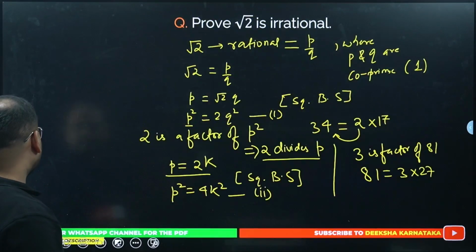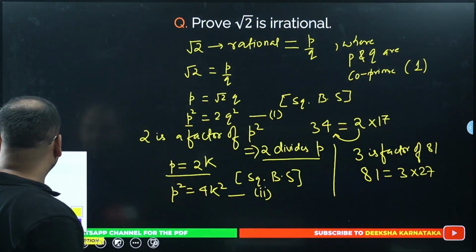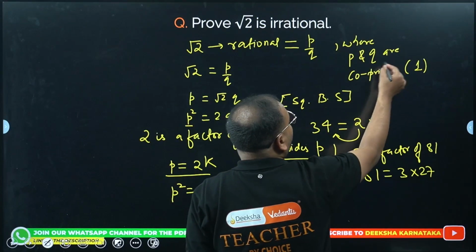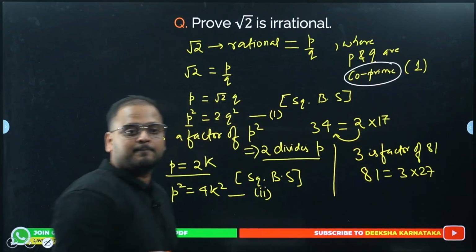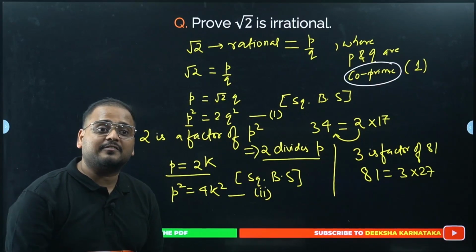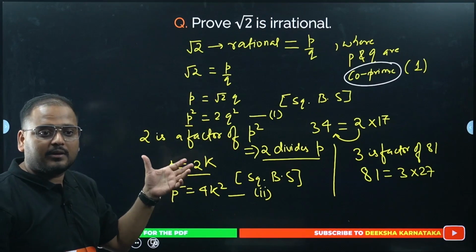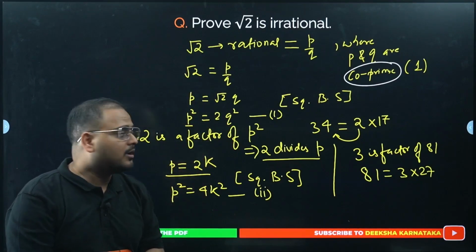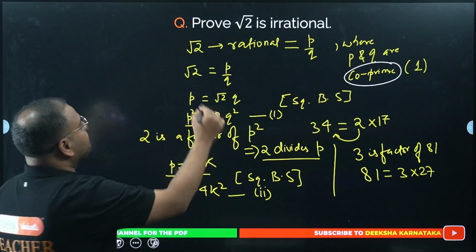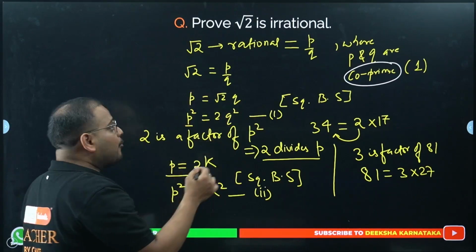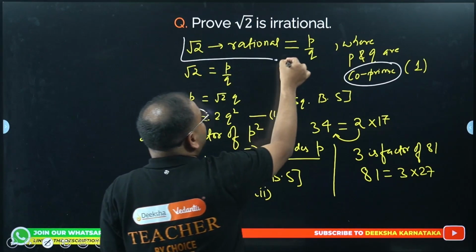But if you see here in the definition side, what I wrote? Co-prime. If they are co-prime, then how can they have another factor? It means whatever we are doing, somewhere something is wrong. We got this result once we assumed this to be rational.